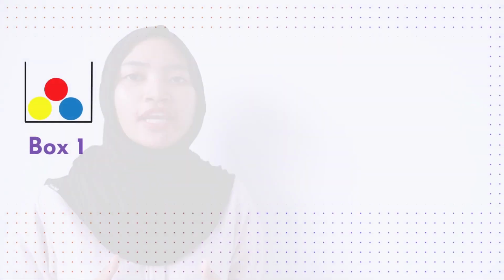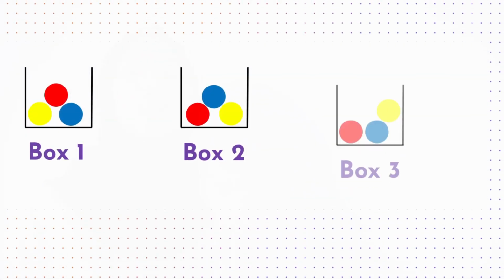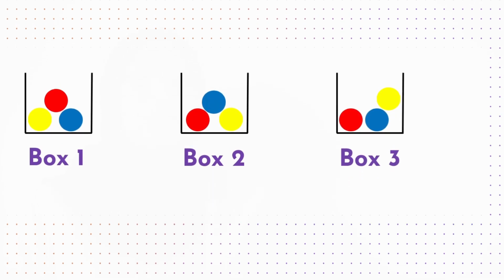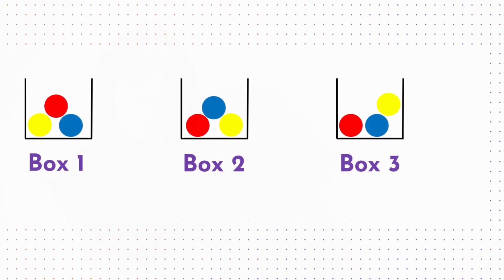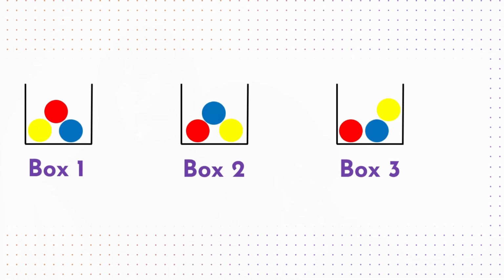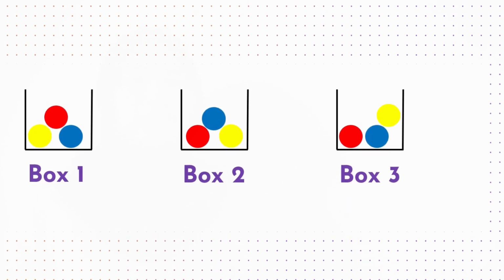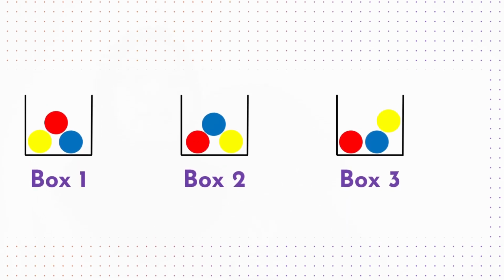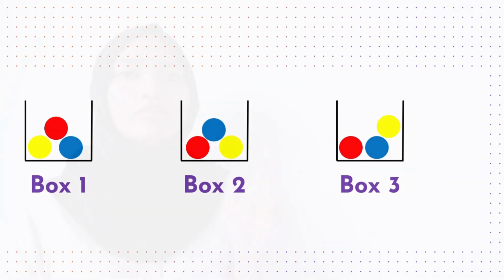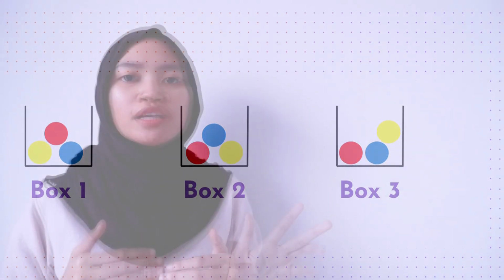First things first, let's identify the necessary underlying mathematical concepts in the question. From the question, we know that there are 3 boxes: box 1, box 2, and box 3. In each box, there are 3 balls with different colors: a blue ball, a red ball, and a yellow ball.